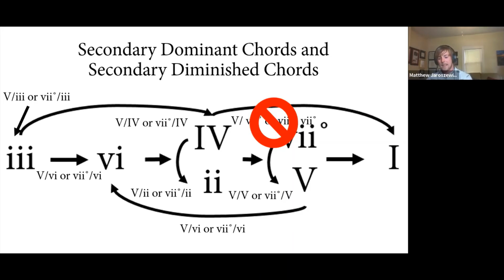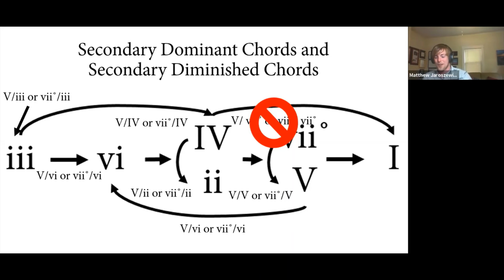And instead of going directly to 2, why don't we make it really fun and add a 7, fully diminished 7 of 2. So we could have just gone 6 to 2. But instead we go from 6, 7 fully diminished to 2. And then we could either go 2, 5, 1, or we could go 2, 5 of 5, 5, 1.